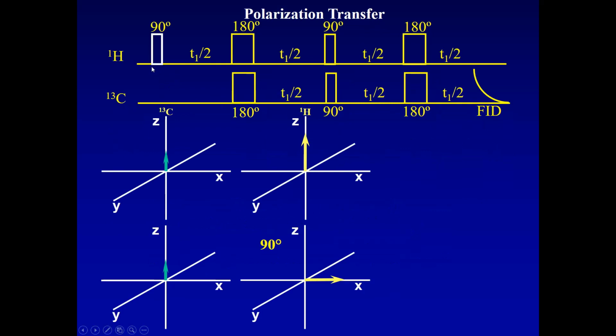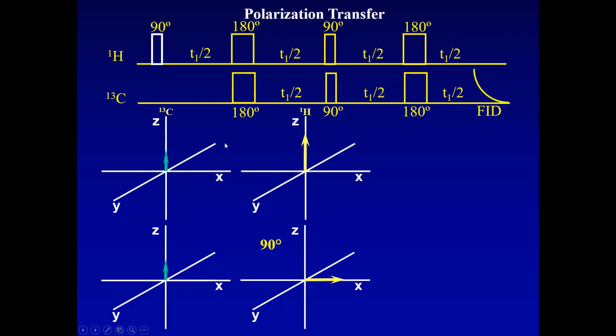The way this sequence works, we start out with everything relaxed, carbon-13 and proton. We have carbon-13 here on the left and protons on the right. Before we do anything, we have Z magnetization, and note that the net magnetization for carbon-13 is less than that for proton.